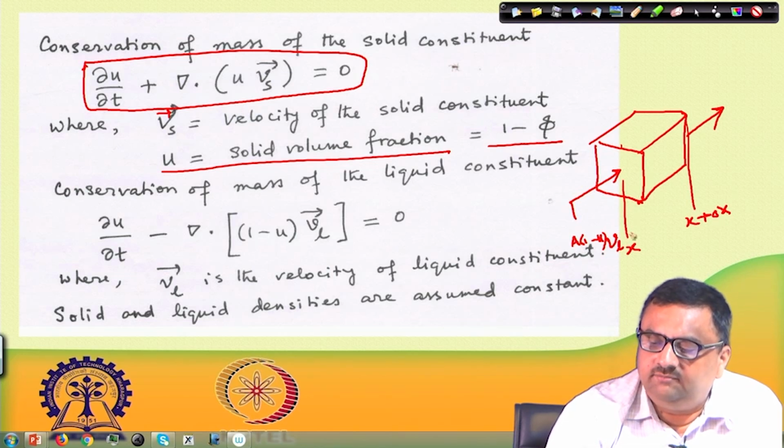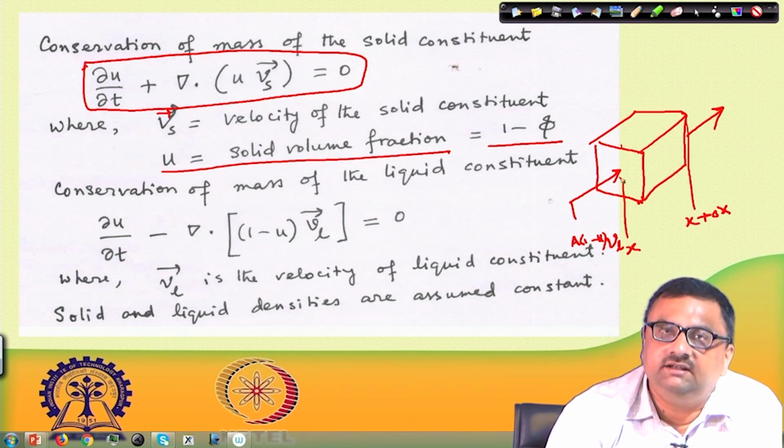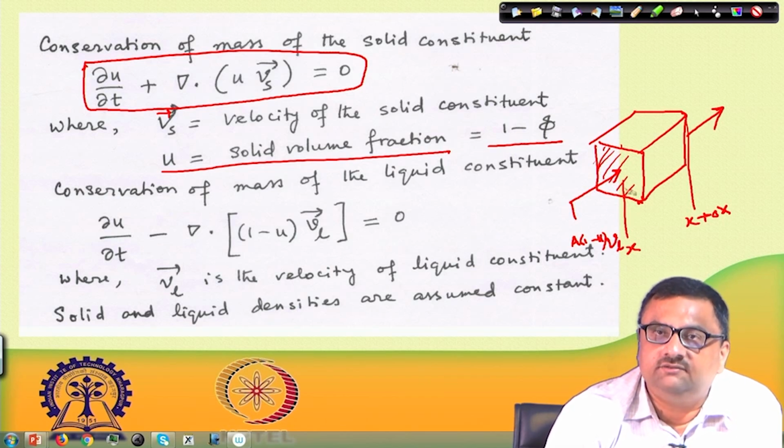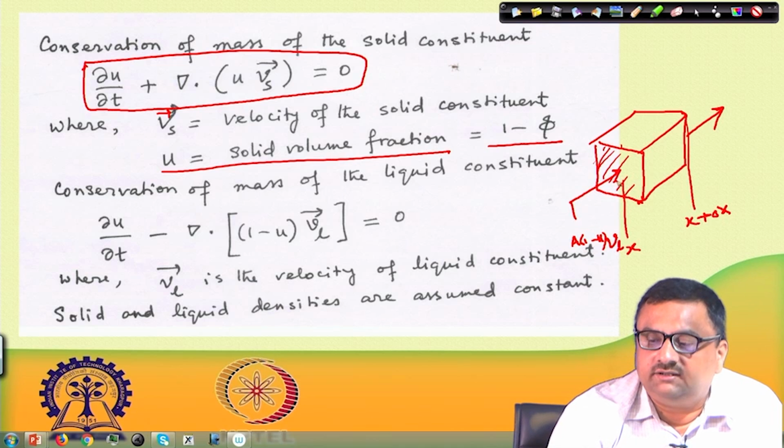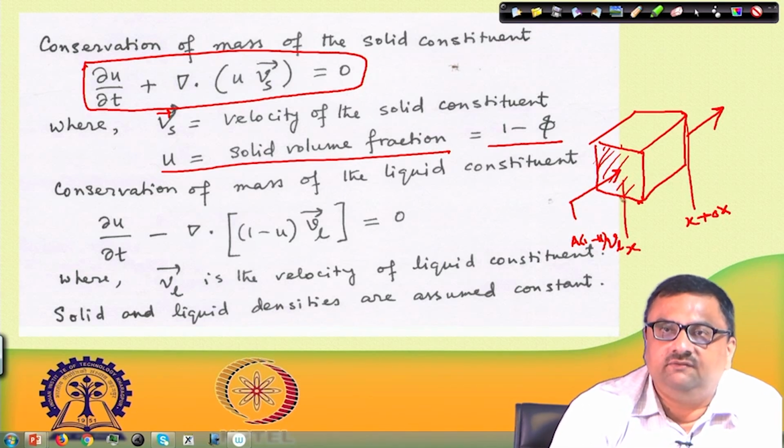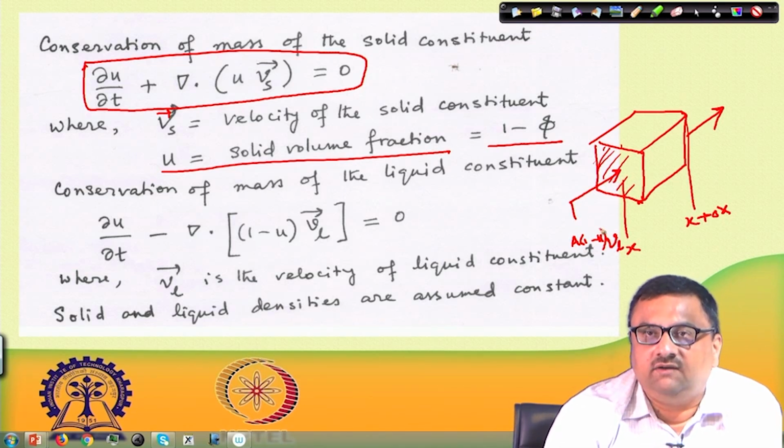Why are we doing it? Because this time the liquid velocity is V L, but if you multiply this directly with A, it is as if it is just flow through a pipe, not through a porous medium. So one has to bring in 1 minus U, which is basically phi, the void fraction. The total area is not available for flow, only A into phi is available for flow.